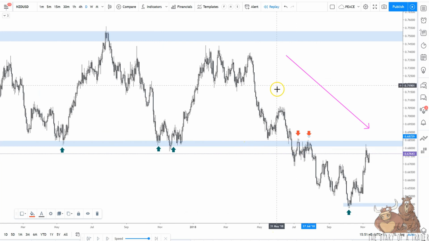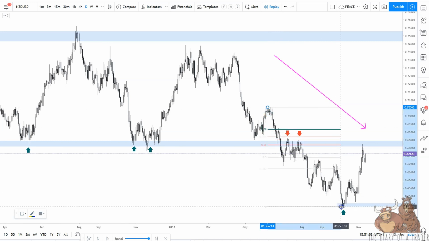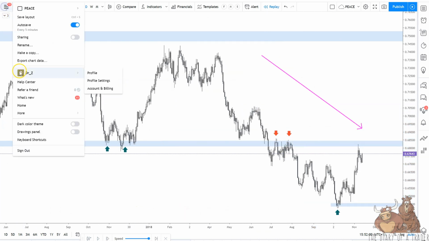Let's say we have, if it's part of your strategy, drawn a fib level and that coincides, and we also perhaps drew other patterns.